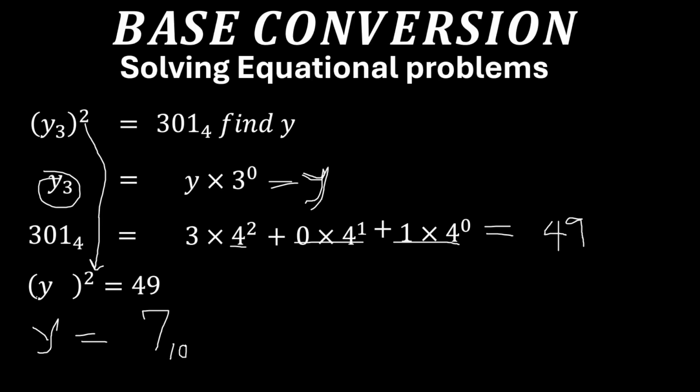Now there is another jingle that can be applied here. They can give you the answer in base 10, but if you look at your options and you see that there is no 7 base 10 among the answers, it means that they have converted this particular 7 to another base. You are not going to be looking at all those bases to see which one is the correct answer.